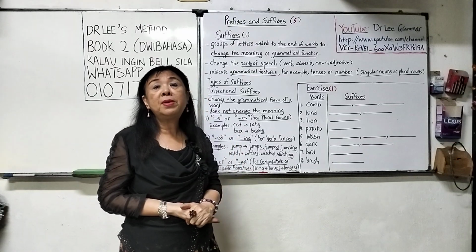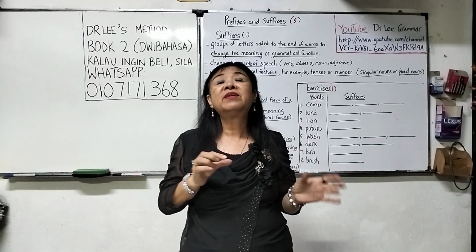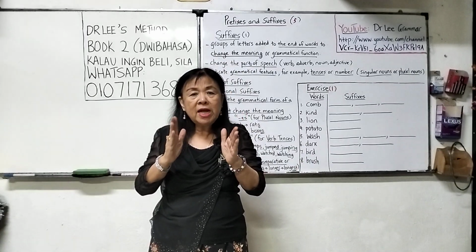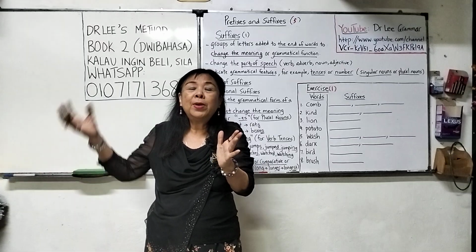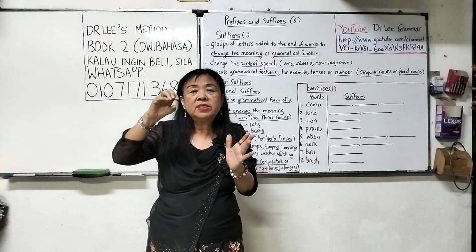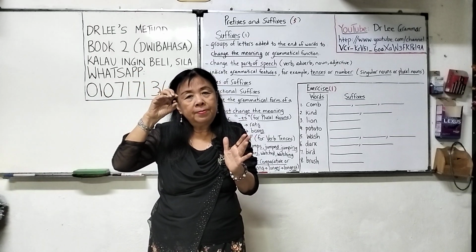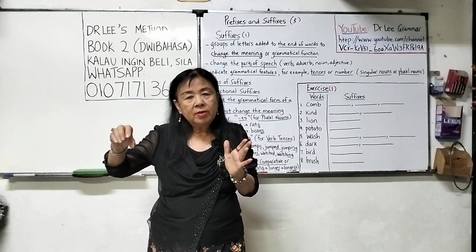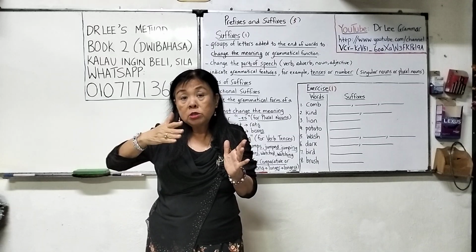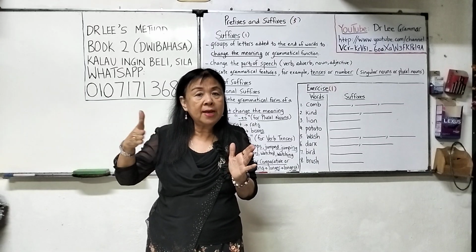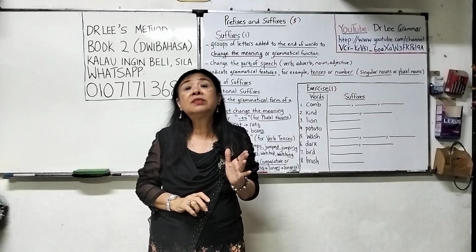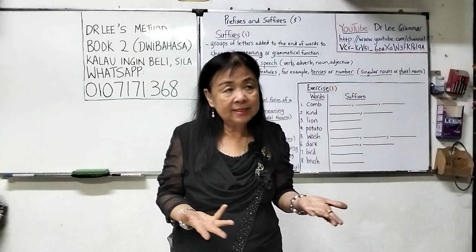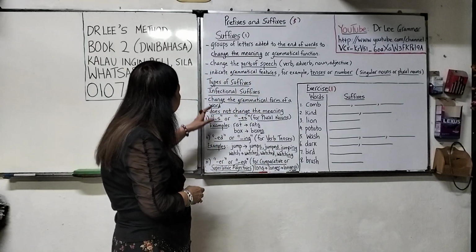Most of the time it is plural nouns when we add suffixes, because the singular noun is the root word. We don't change it anymore. But when we change, we put S or ES, or EN, like ox becomes oxen, child becomes children. So the part added behind is called a suffix, or suffixes, okay?